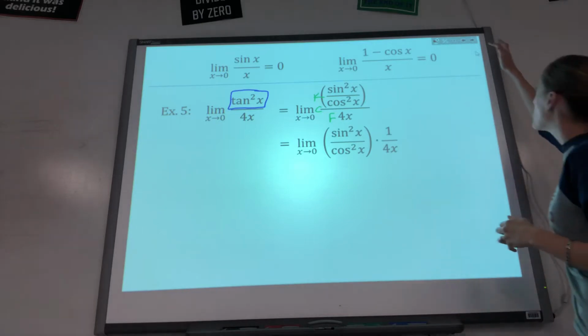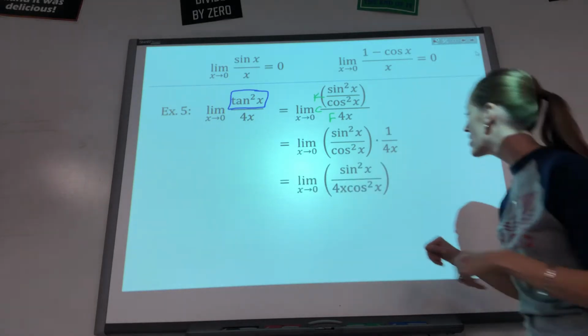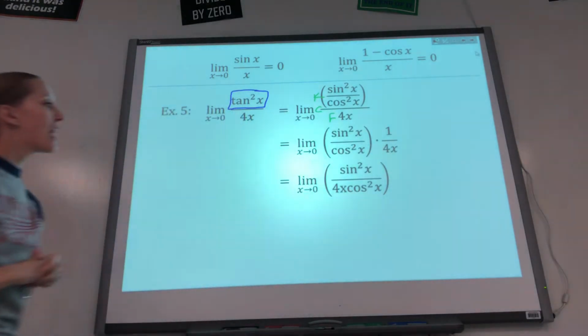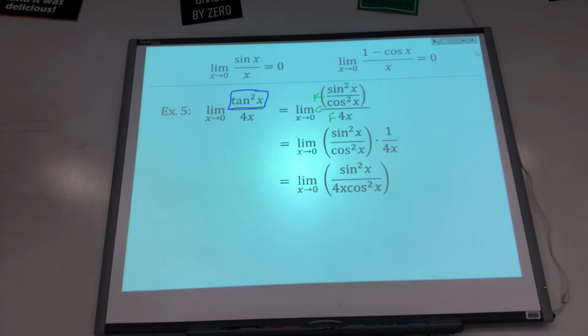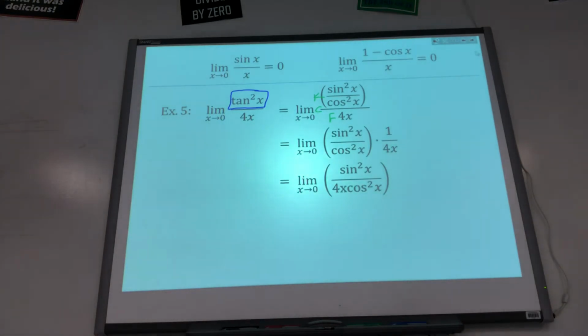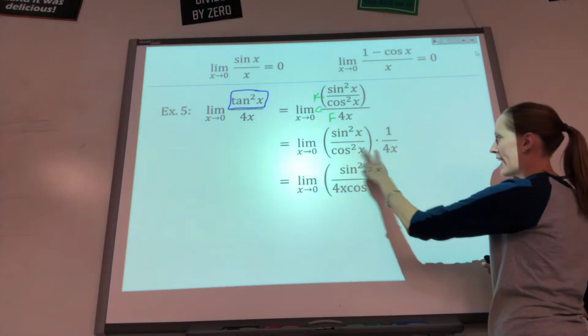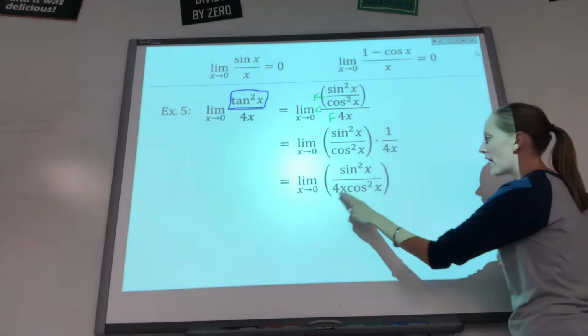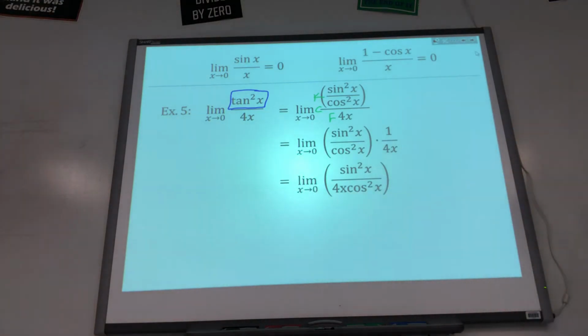One of the next things we could do is multiply those fractions together. So sine squared of x times 1 is just sine squared of x. Then cosine squared of x times 4x is just 4x cosine squared of x.